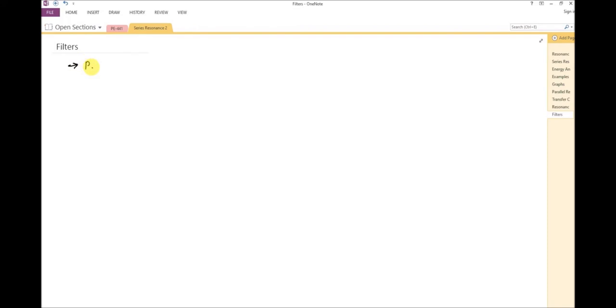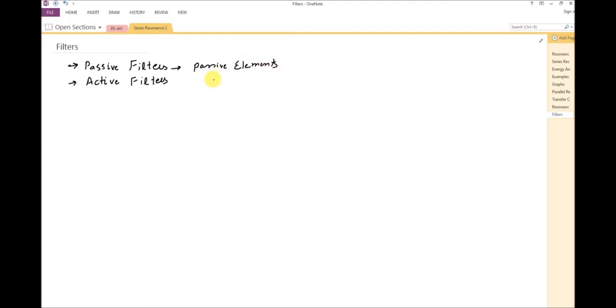The first one is passive filters, and the second type is active filters. The passive filters are the ones that are made up of passive elements, and the passive elements are resistor, capacitor and inductor.